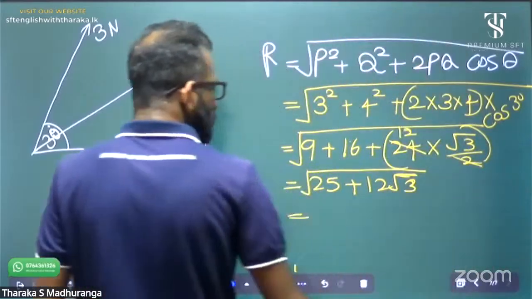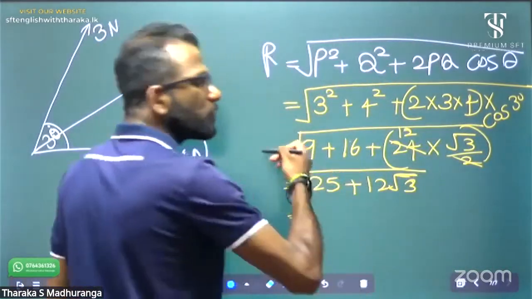Okay, what is the value? 25 plus 12 root 3, full square root.